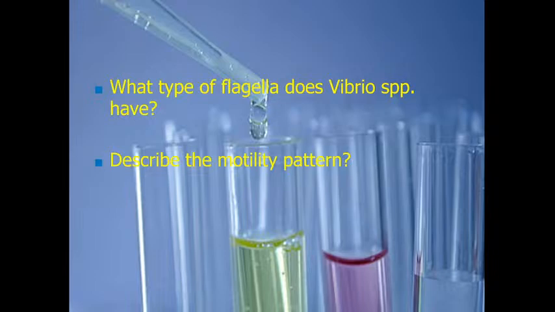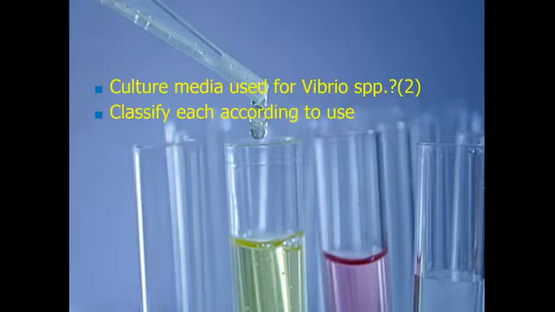Now let's move on to culture media used for Vibrio species. There are two that you need to remember. The culture media that you use is TCBS, also known as thiosulfate citrate bile salt sucrose. The next thing that you need to use is, of course, your alkaline peptone water.